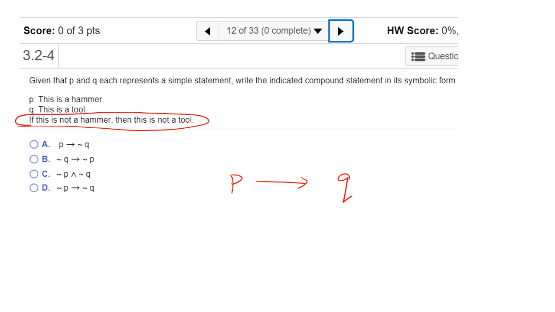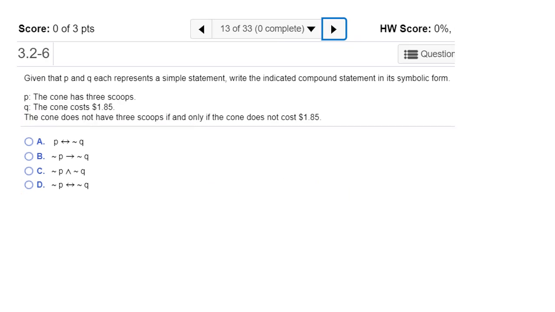That was statement Q. Notice that you have the word not in front of the hammer and not in front of the tool. So we need to put in the not or the negation symbol. So I need not P, then not Q. Answer choice D.